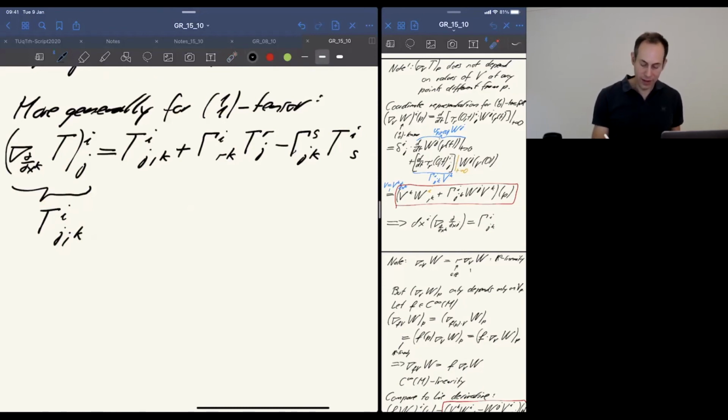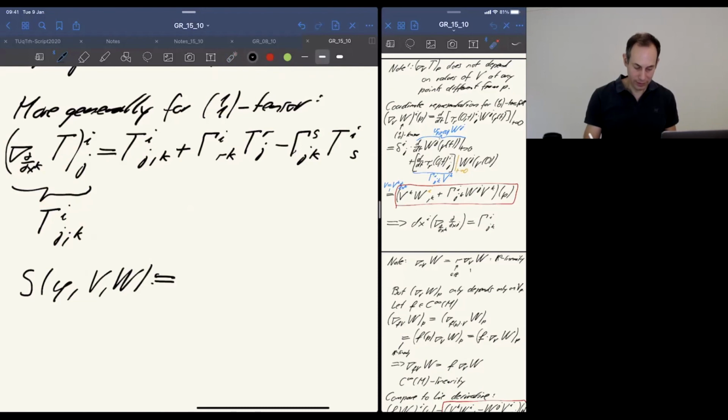I can define a new tensor, let's call it S because I've already used T. Remember, a tensor takes as input covectors, for example a phi, and vectors, for example a V and a W. And I define this as the covariant derivative in the direction of V of a 1-1 tensor T. So T is still our 1-1 tensor, and this is evaluated at phi and W.